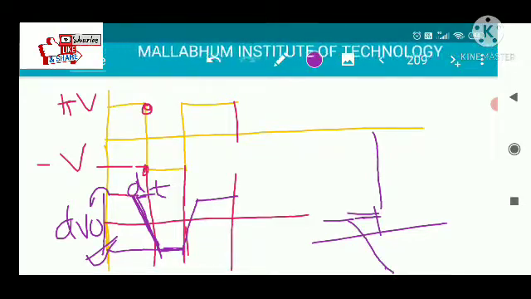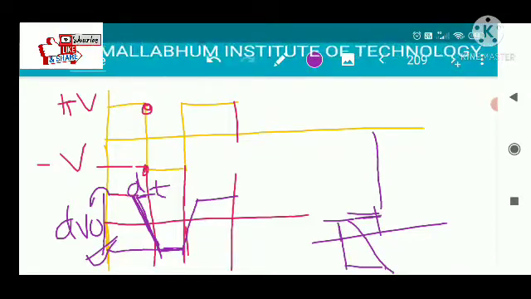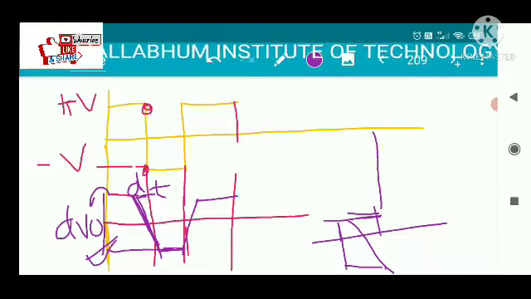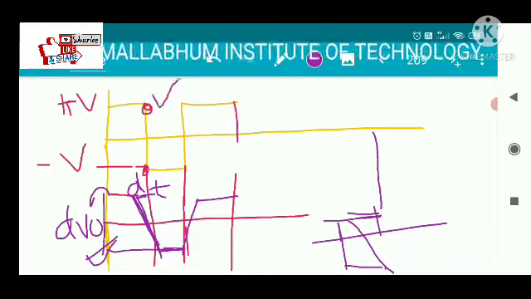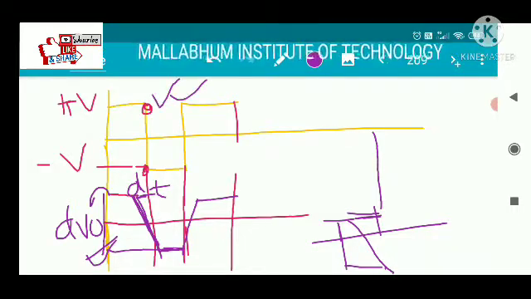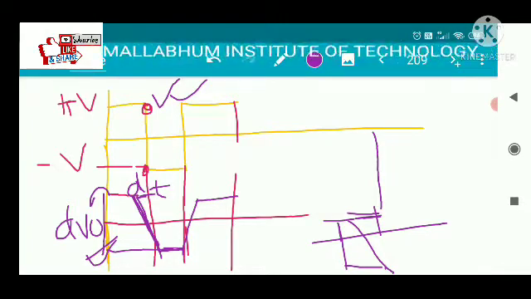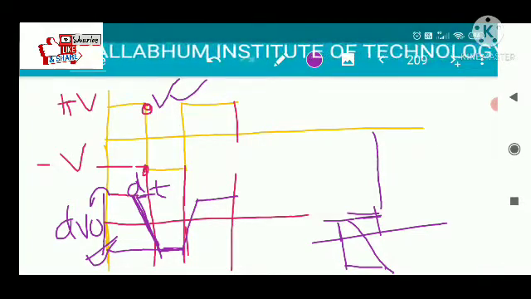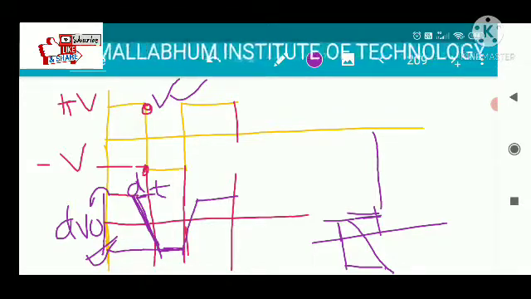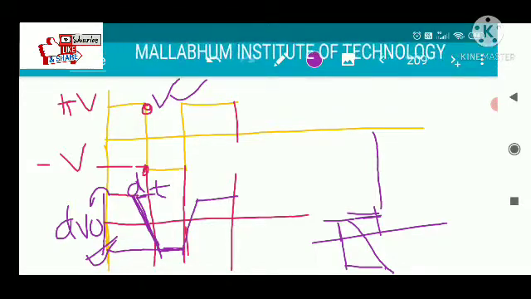So this time is dt and this voltage is dv0. Now, given this input, how fast the operational amplifier can vary its response to the variation of the input frequency, that actually measures the slew rate.